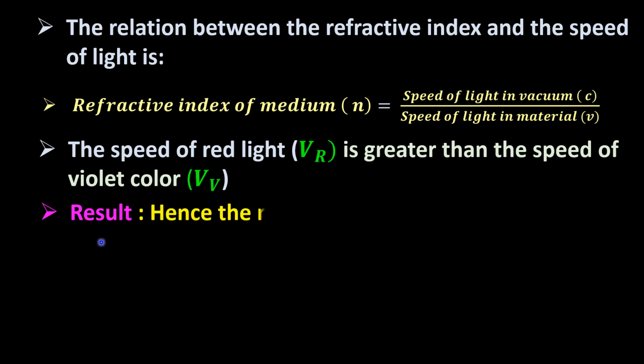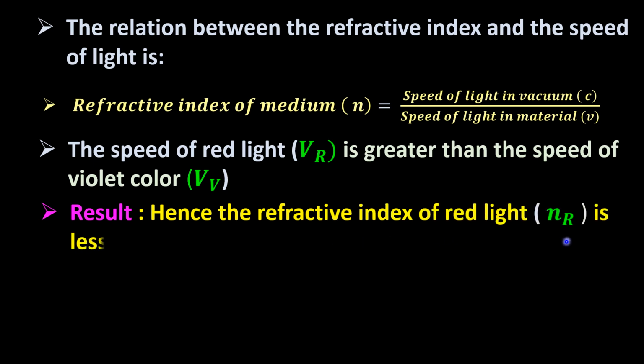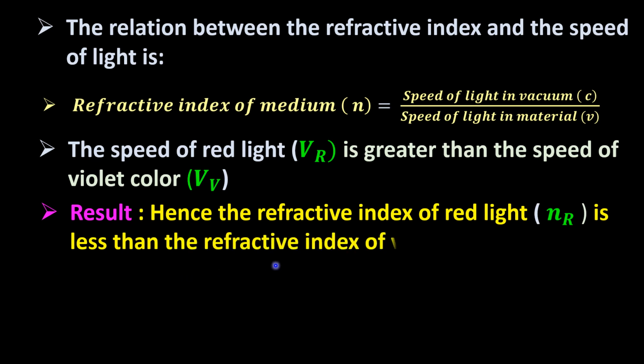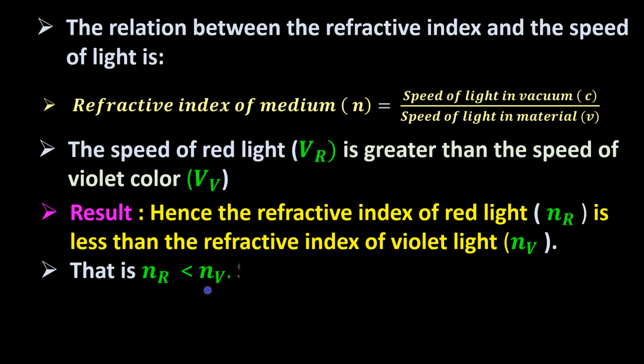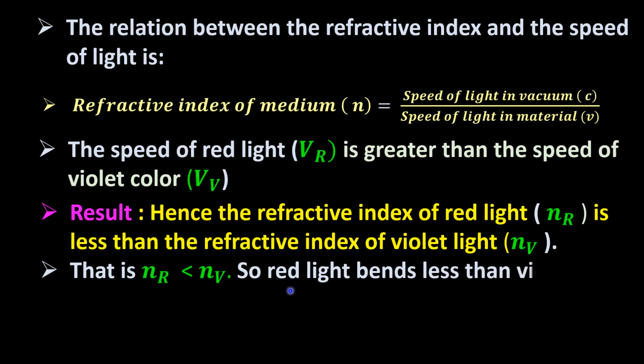Then what is the result here? Hence, the refractive index of red light NR is less than the refractive index of violet light NV. That is, NR is less than NV. So red light bends less than violet light in refraction. Here VR is more means NR is less.